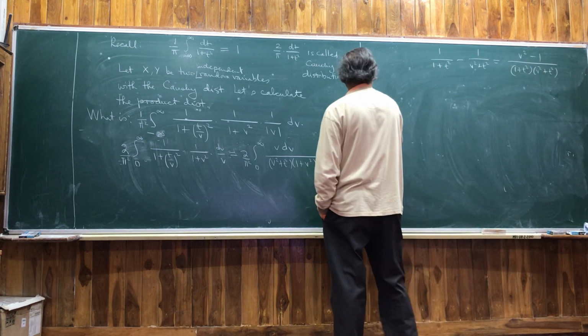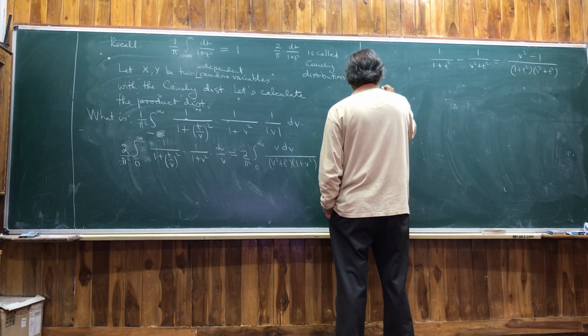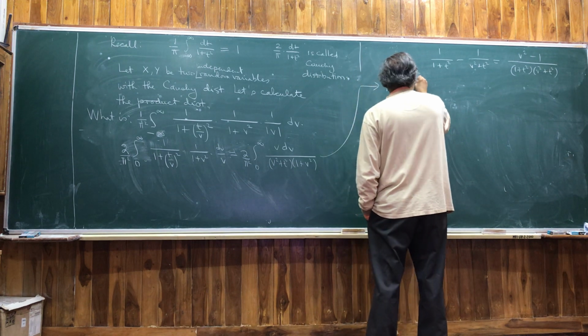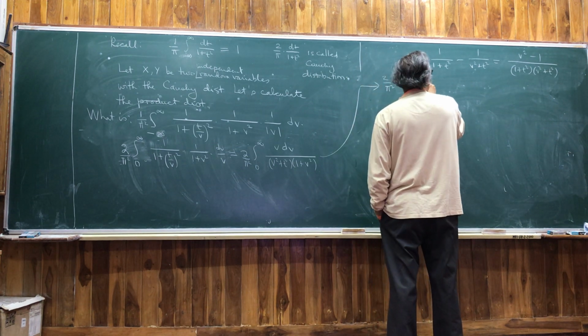So therefore, this integral becomes 2 over pi squared, integral 0 to infinity, v is outside, then I have.